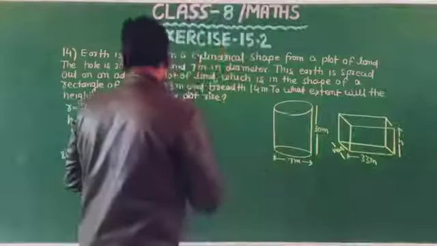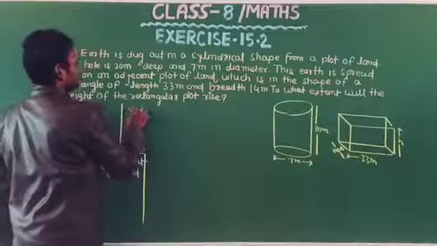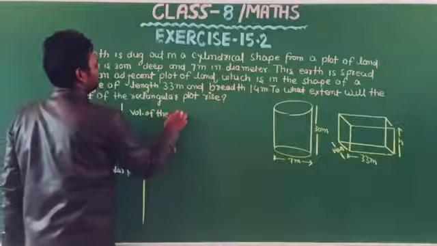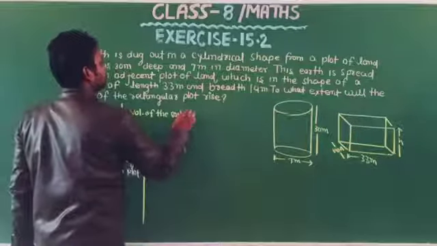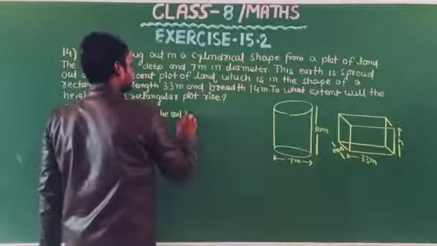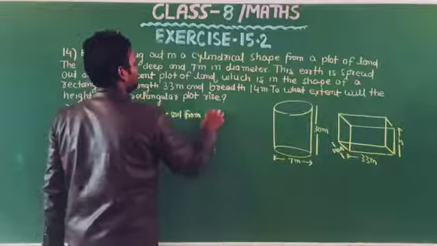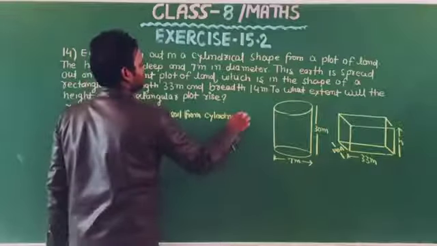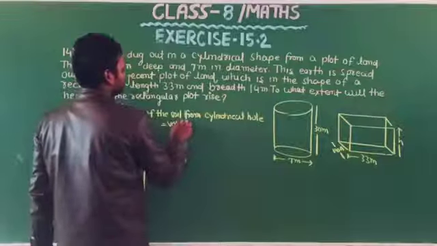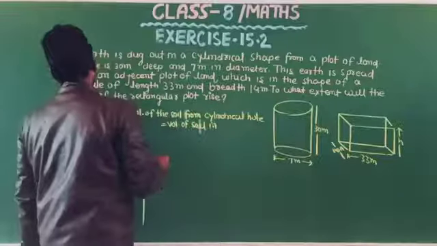So one thing is clear from the figure: the volume of soil from the cylindrical hole is equal to the volume of soil in the rectangular plot.